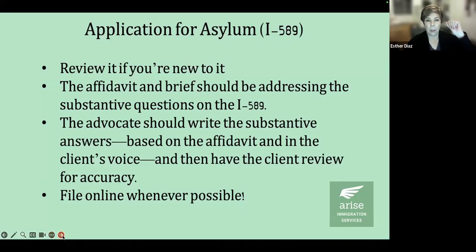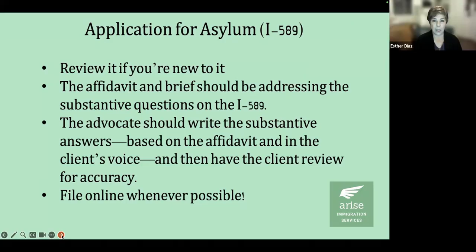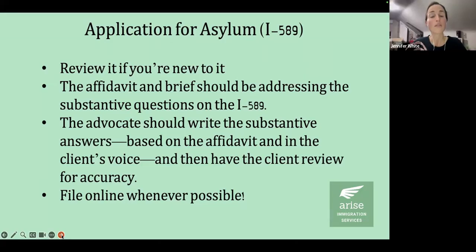A question. When someone files a fee waiver, the instructions say you have to send everything through the mail. Do you know if there is even a fee waiver for asylum? For the $100 fee, and it's higher now, I think the fee for asylum. Are you talking about the work permits or asylum?